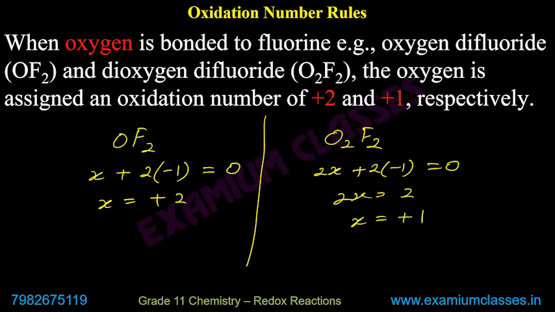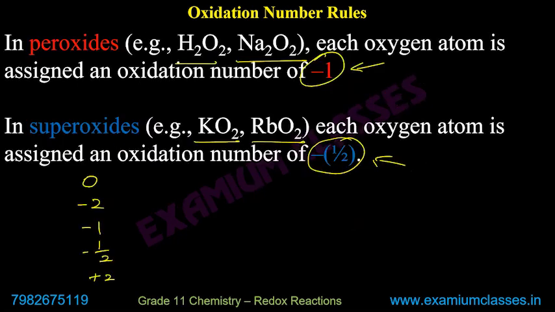Again positive, because it has to behave like an electropositive element if it is combining with fluorine. Fluorine is the most electronegative element. No other element can have a negative oxidation state if it combines with fluorine. Fluorine will always have a negative oxidation state. So it means +1 in O2F2.